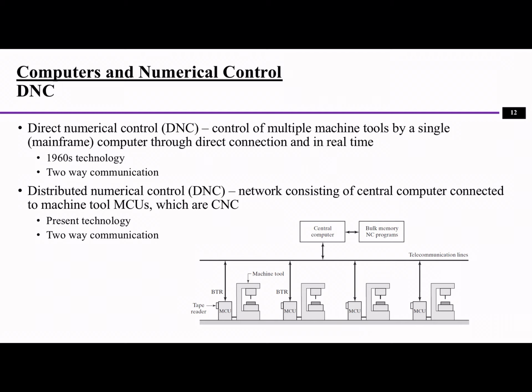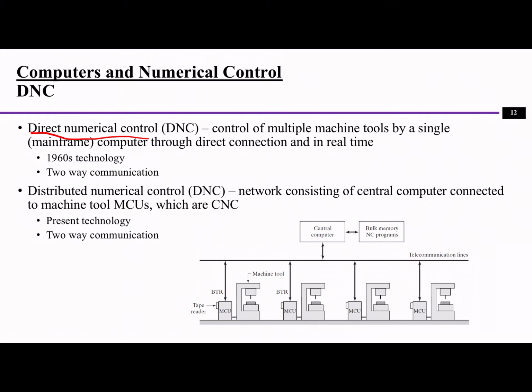So numerical control also has a little bit of history. When it started, it really started from direct numerical control, which used one very direct command or program to tell the machine what to do, without a lot of feedback and without a lot of adaptive controls.